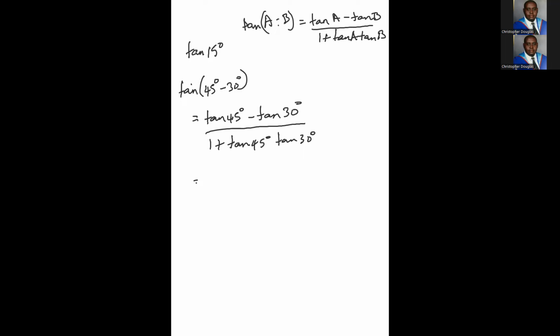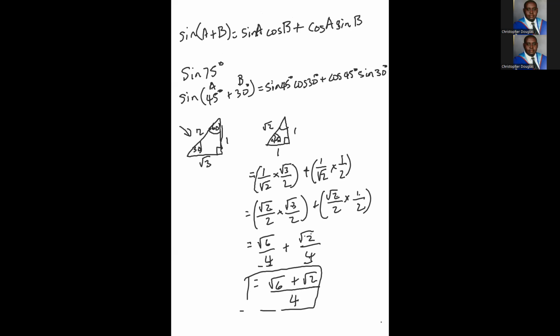So just remember the tan 45 and tan 30 again. Let us go back to our special triangles that we drew earlier. So it's a tan 45, here's the 45-degree angle here. The tan 45 will be opposite over adjacent. Tan theta is opposite over adjacent, so it will be 1 over 1.